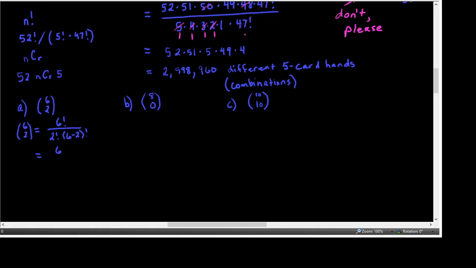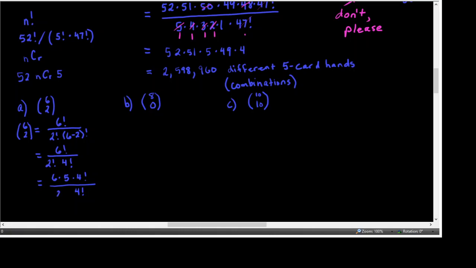So that's 6 factorial over 2 factorial times 4 factorial. Expanding the greatest one of those, 6 times 5 times 4, stop, because that's equal to a factorial in the denominator that would cancel. So those will cancel.